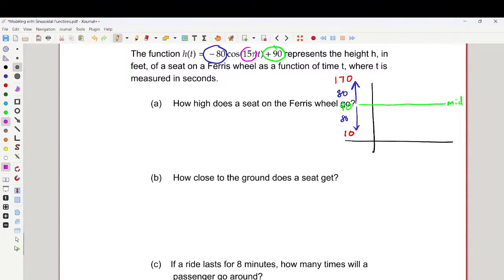I'm going to work this. 2 pi over b, I'm not finding b. We have b over 15 pi is your period. 2 pi over b is your period. So 2/15 is your period.